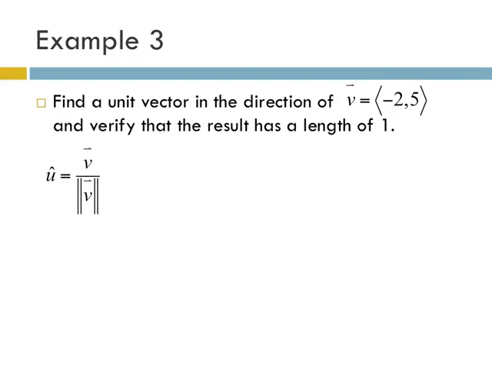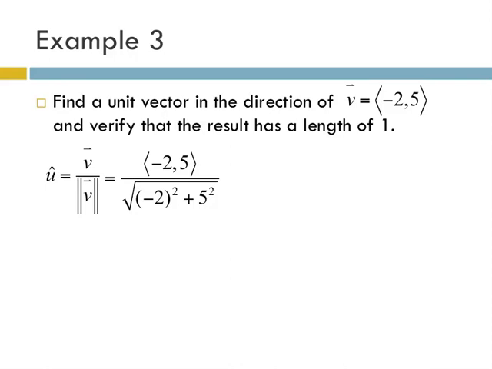Okay, so let's write down the rule first. So u hat is equal to vector v divided by the magnitude of vector v. So let's go ahead and write down vector v is -2, 5, and then the magnitude, that's where you do the square root of (-2) squared plus 5 squared. And then we're going to go ahead and simplify the bottom as much as we can.